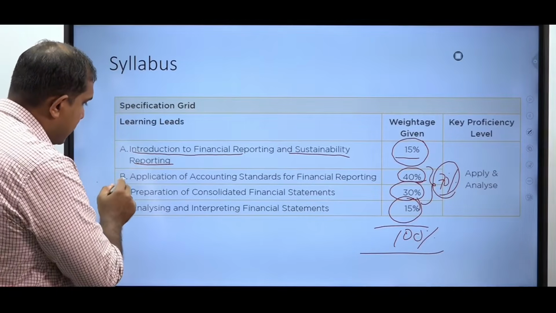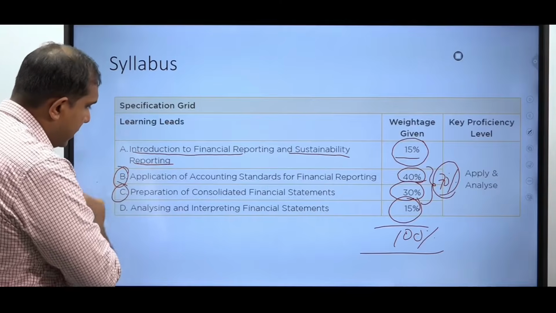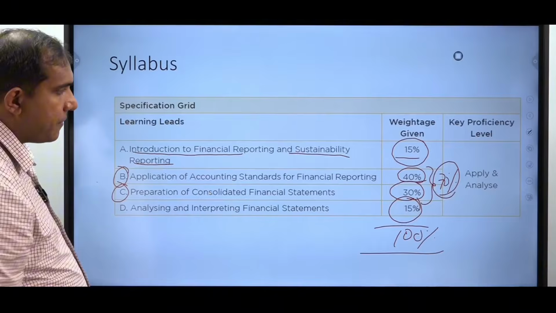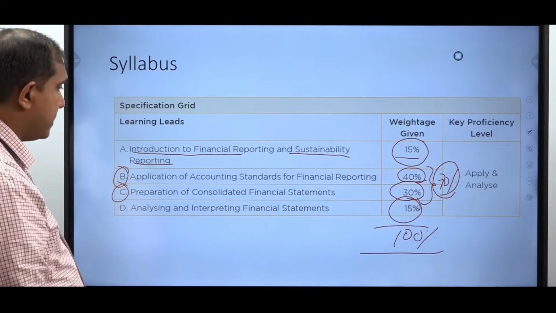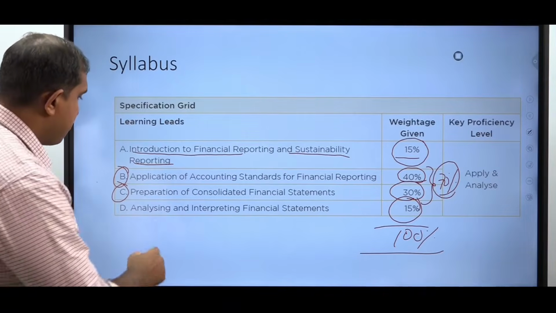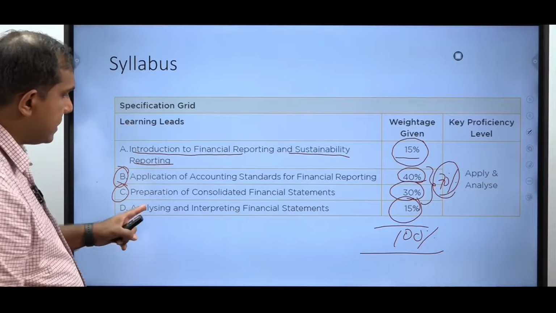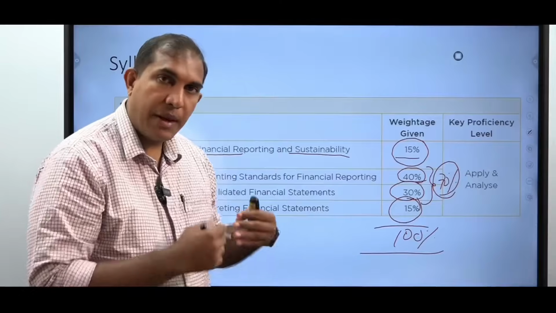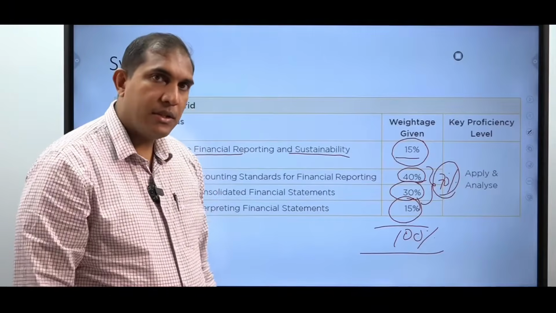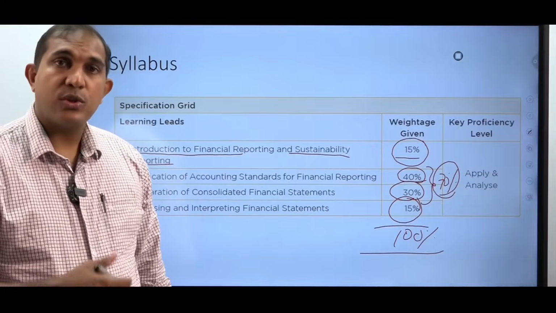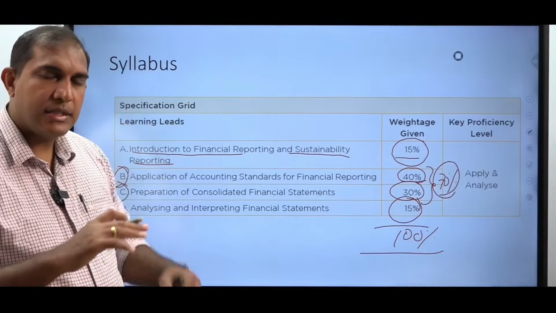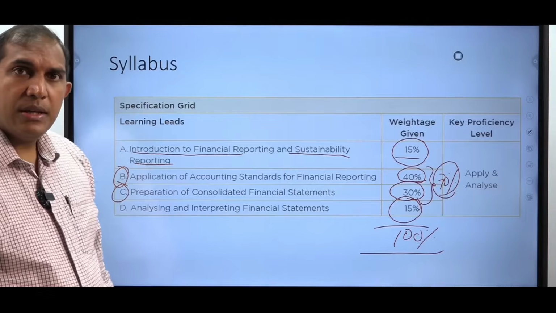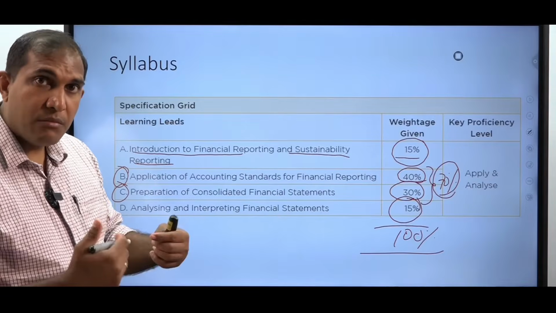Now, when it comes to sections B and C, mainly accounting standards, as I explained. Then the last section, analyzing and interpreting financial statements. That's on management accounting application, ratio analysis, horizontal analysis, vertical analysis. There are a couple of analysis methods. So we will be explaining one by one, right?